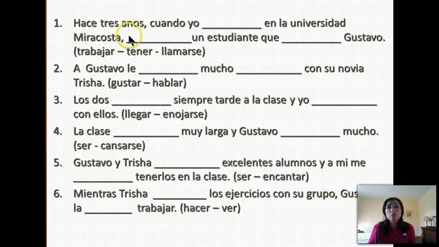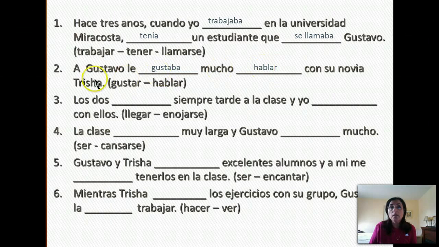Hace 3 años, cuando yo trabajaba en la Universidad Miracosta, tenía un estudiante que se llamaba Gustavo. A Gustavo le gustaba mucho hablar, so I don't have to conjugate that. A Gustavo le gustaba mucho hablar con su novia Trisha.